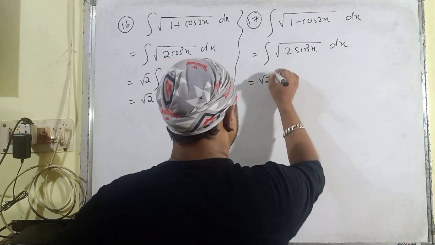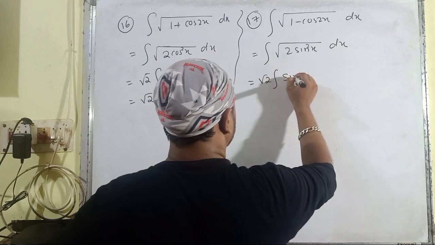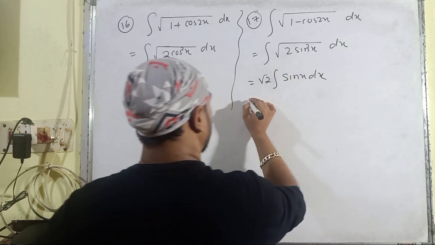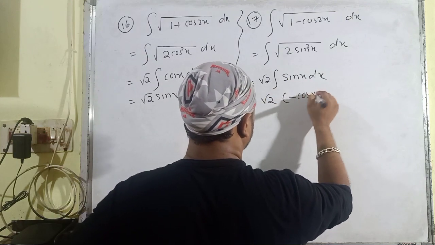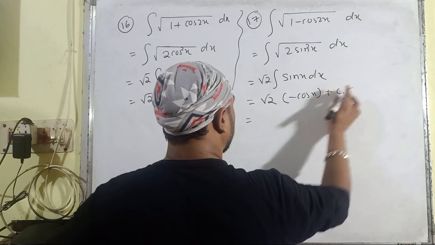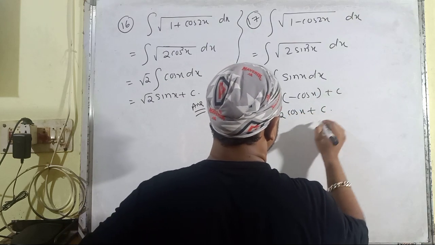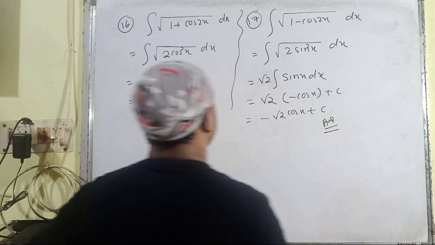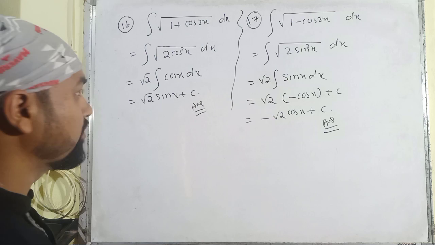Then it will be root 2 multiplied with the integral of sin x with respect to x. Then it will be root 2 times the integral of sin x, which is minus cos x plus any constant c. Then it will be minus root 2 cos x plus any constant c, and this will be the answer for problem number 17. Then coming to problem number 18.